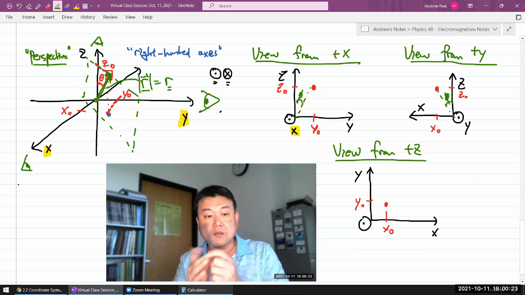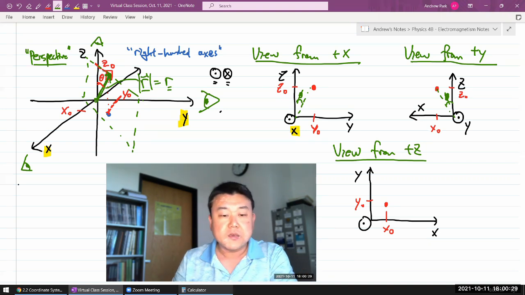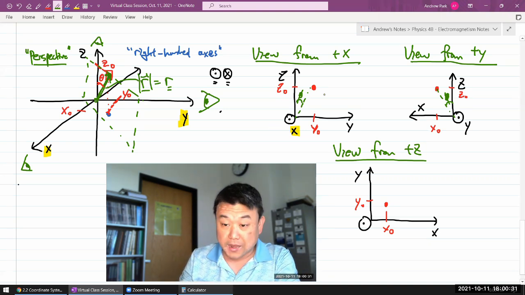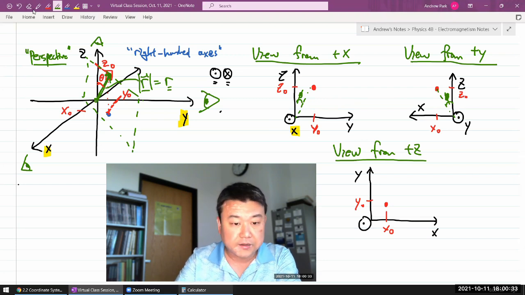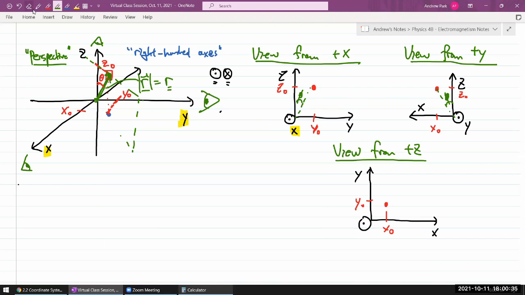Only in that plane will the angle be theta. So in none of these viewpoints can I actually identify that angle theta. The only place where I can label it, but know that I can't quite measure it by taking a protractor to the drawing, is in this perspective view.